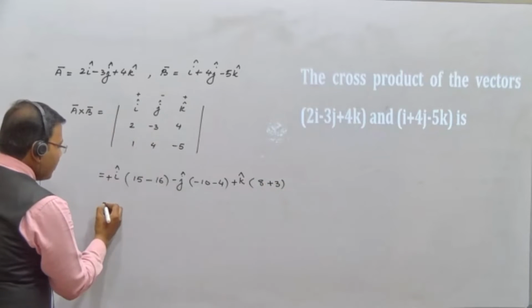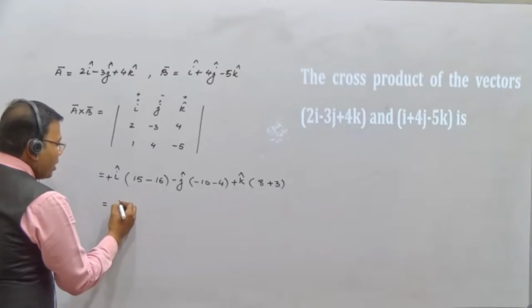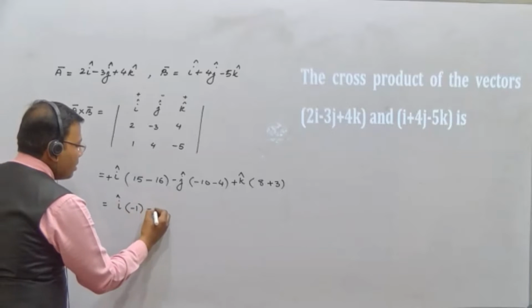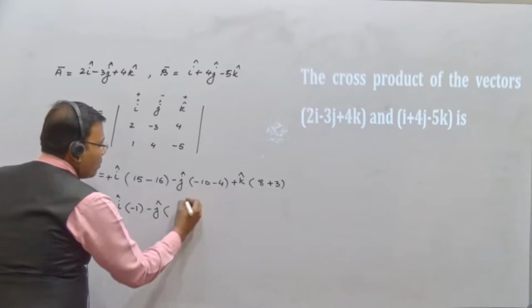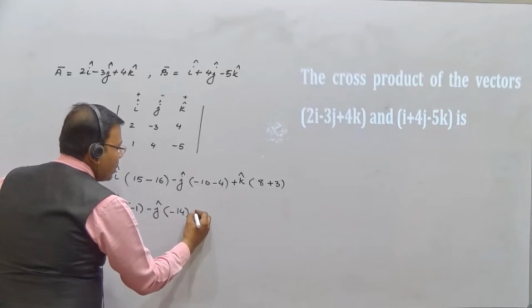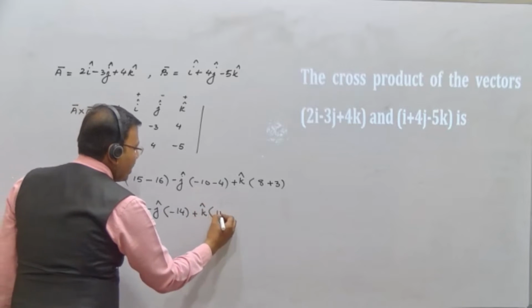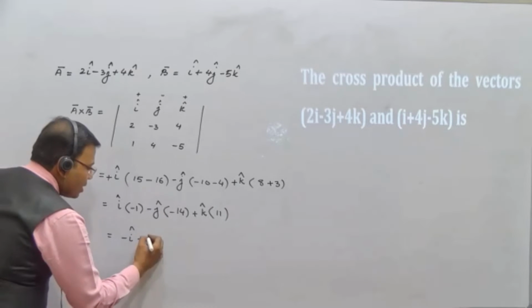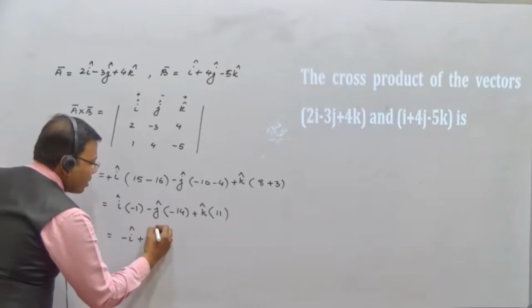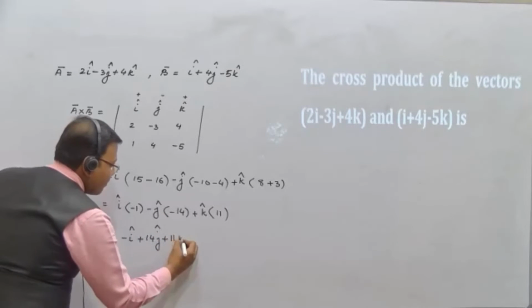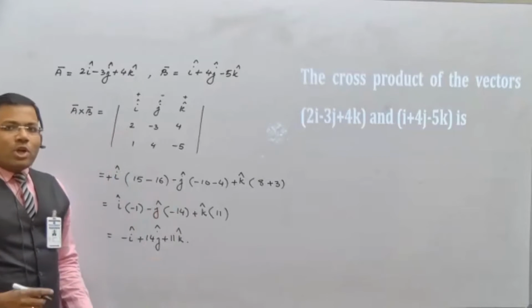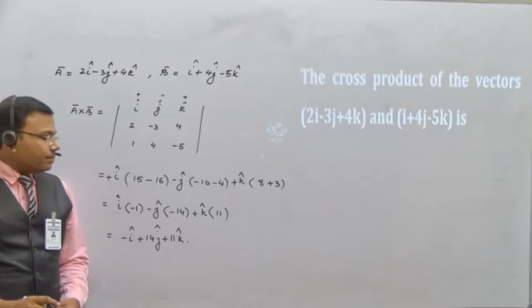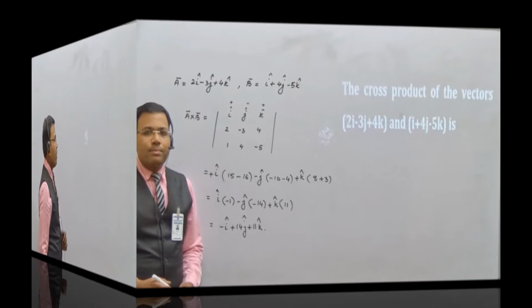So the final answer you can see here: i into minus 1, minus j into minus 14, plus k into 11. So the answer is minus i plus 14j plus 11k. Hope you have understood the complete solution for this question.